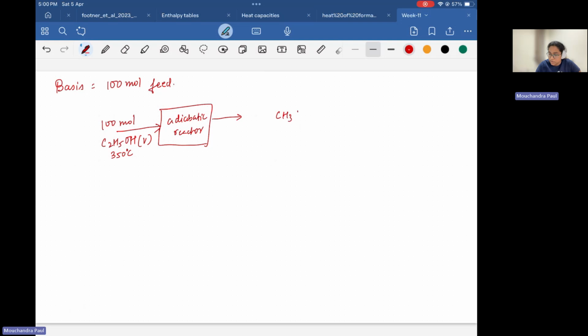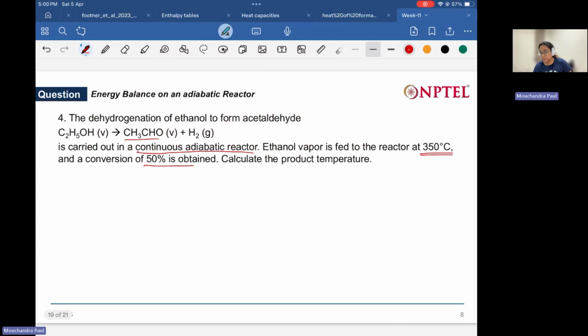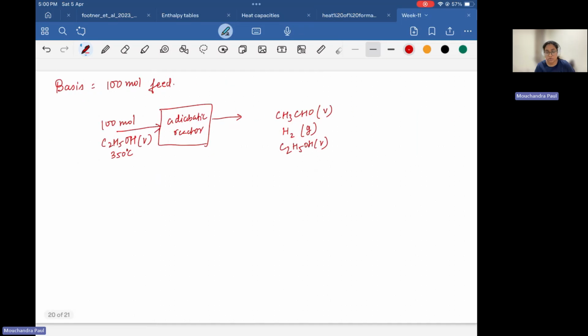Acetaldehyde, which is CH3CHO in vapor state, H2 in gas state, and some ethanol will also come out, C2H5OH. Because 100% conversion is not there, 50% conversion is there. So that means 100 mole is entering, 50 mole of ethanol will come out and the rest 50 mole will convert to acetaldehyde. Okay.